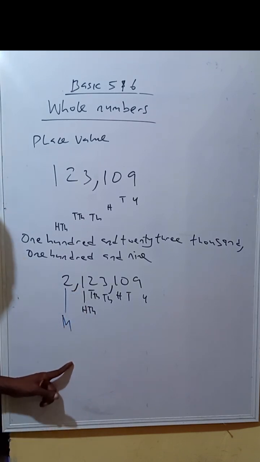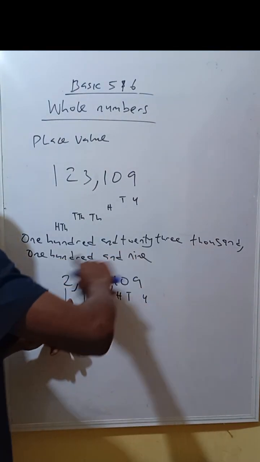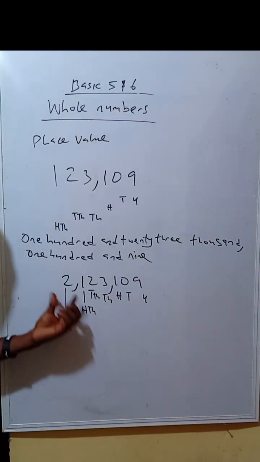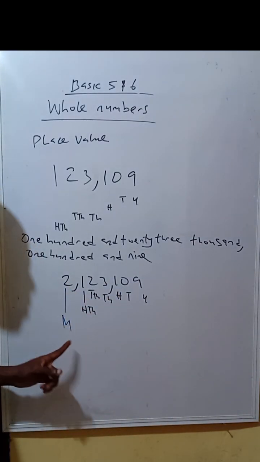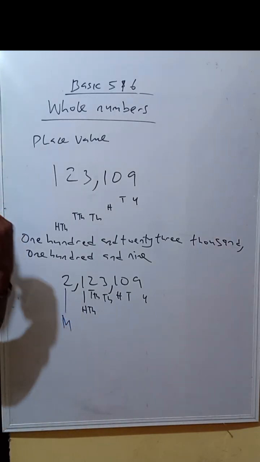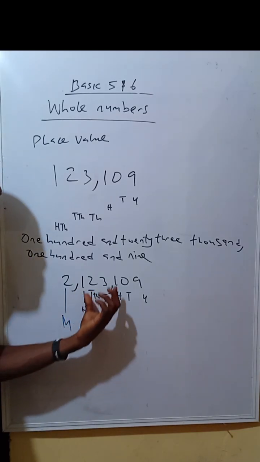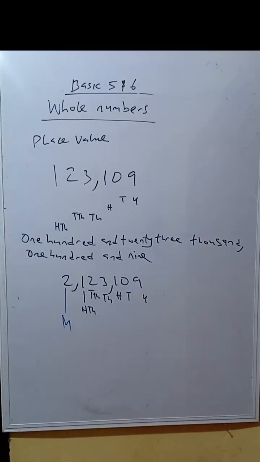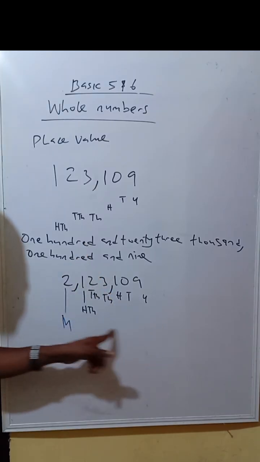2 million, comma. Then this here, 123,109. The place value of 2 here is million. So after hundred of thousand, the next place value is million. So you have 2,123,109. You just add 2 million to this number to write down this number.